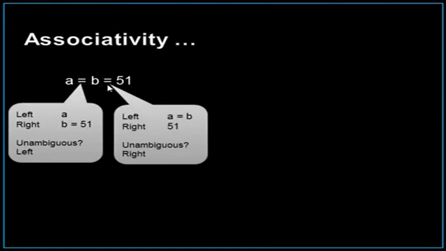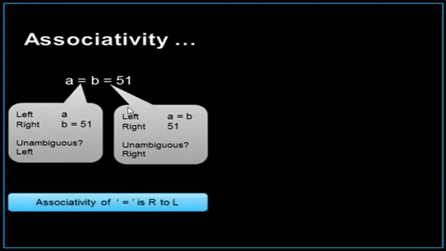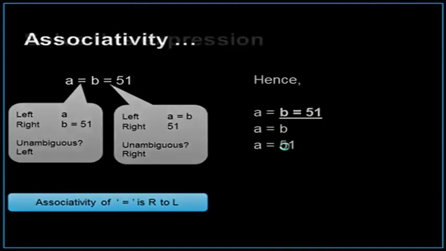If this equal to is taken into consideration, the left is a equals b, right is 51. Now the associativity of equal to is right to left. So the equal to that would be solved first is the one whose right operand is unambiguous. So this equal to will be solved first, then this equal to.